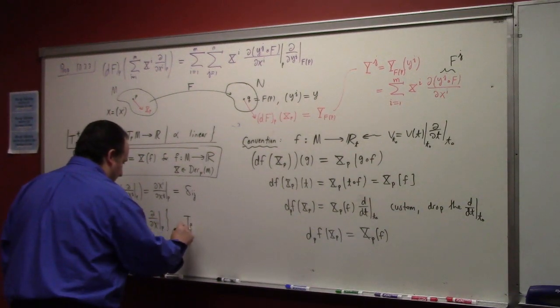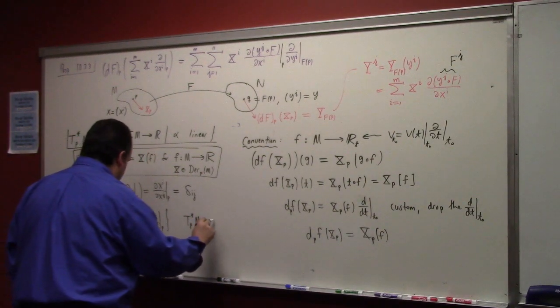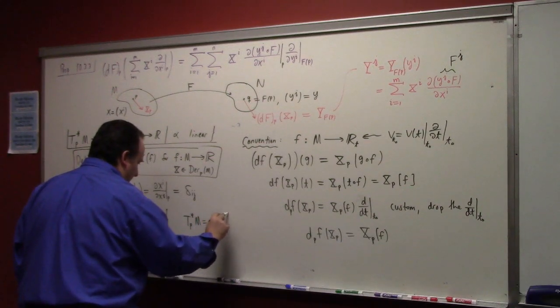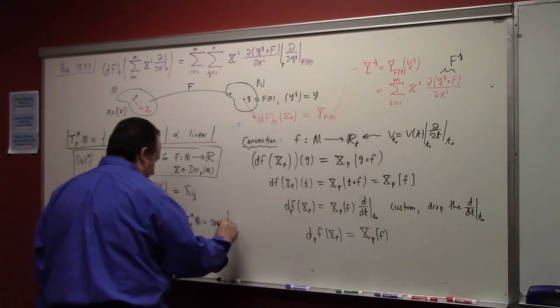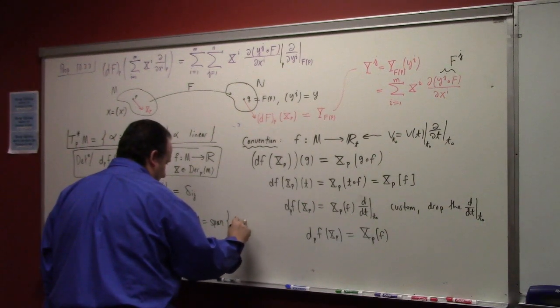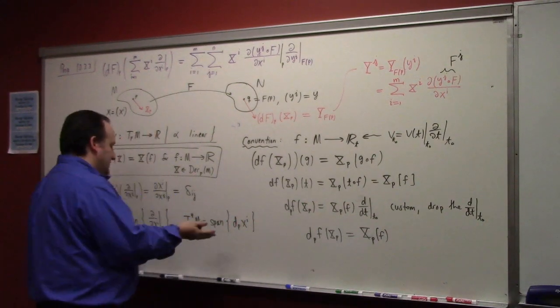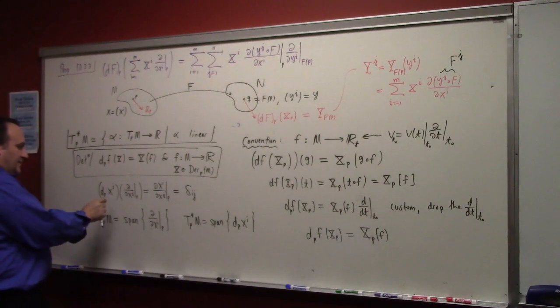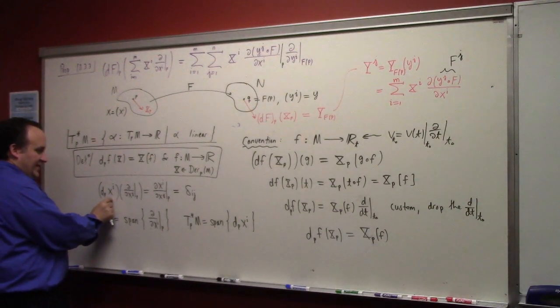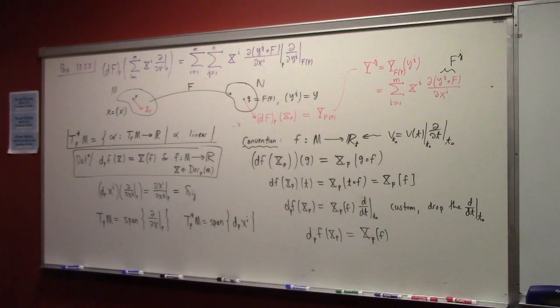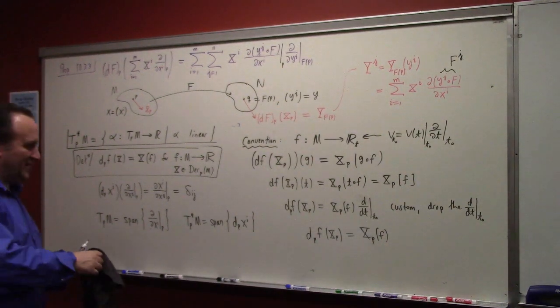So T_p star M is going to be the span of d_p xi. I haven't proved this yet, but it's not hard to prove given what we have in front of us. At least this much is for sure true: this is a dual basis to that. So we expect that we can write dual vectors as linear combinations of the dual basis. Let's work it out. How do you think the components of a dual vector are going to be found?